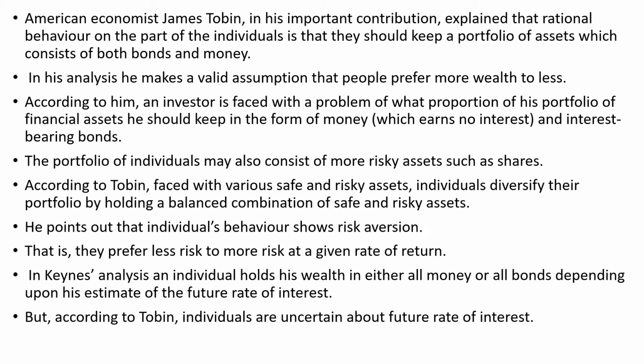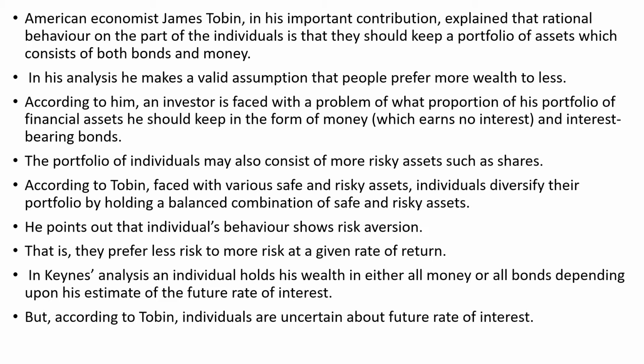In his analysis, he makes a valid assumption that people prefer more wealth to less wealth. As per him, an investor is faced with a problem of what proportion of his portfolio of financial assets he should keep in the form of money and interest bearing bonds. This is the important question that an investor would be facing as per James Tobin.